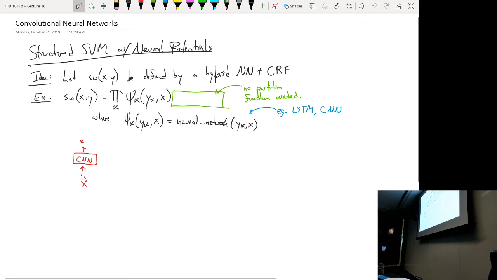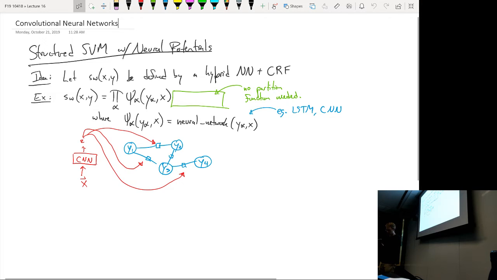And then separately, what we have going on is some graphical model, which consists of variables like y1, y2, y3, y4, and there are some factors connecting these together. And we could say that to actually compute those factors, we're going to take the output of the CNN and use it to compute these factors.